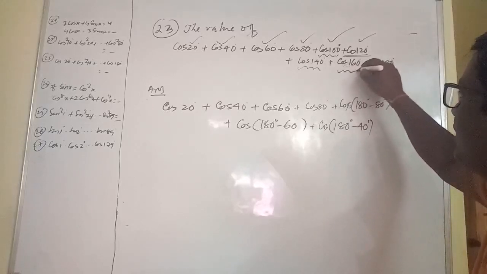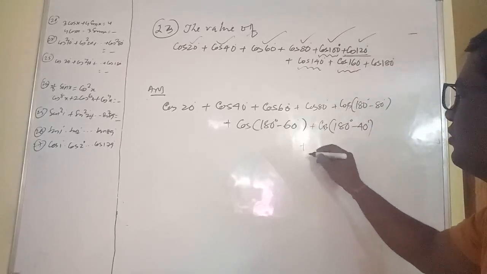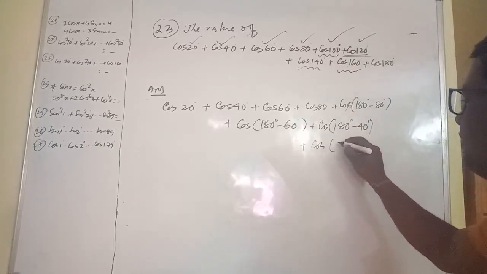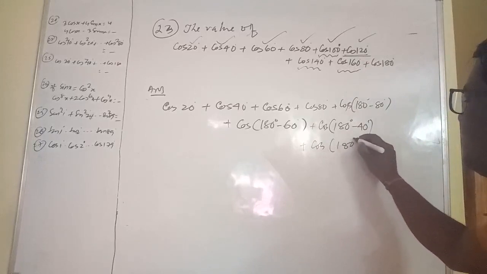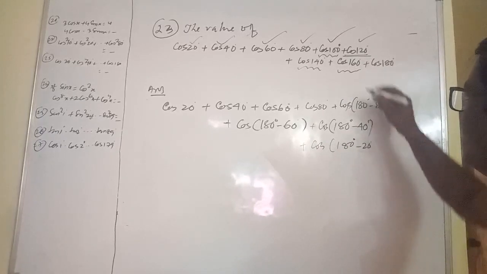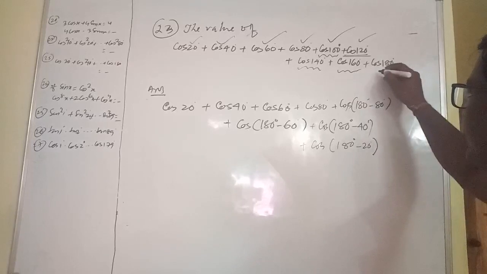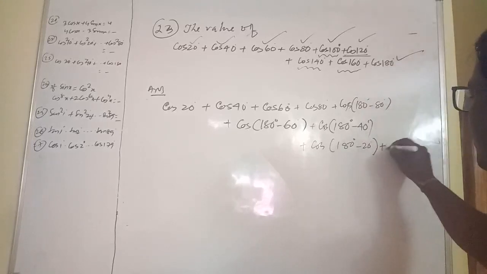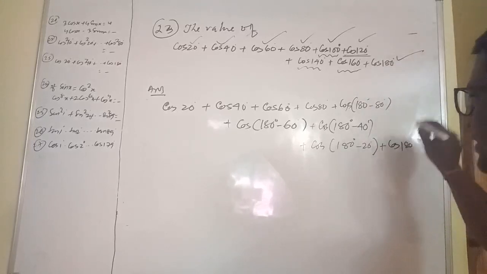Then cos 160 degree means 180 degree minus 20 degree, and the remaining is cos 180 degree. Clear?